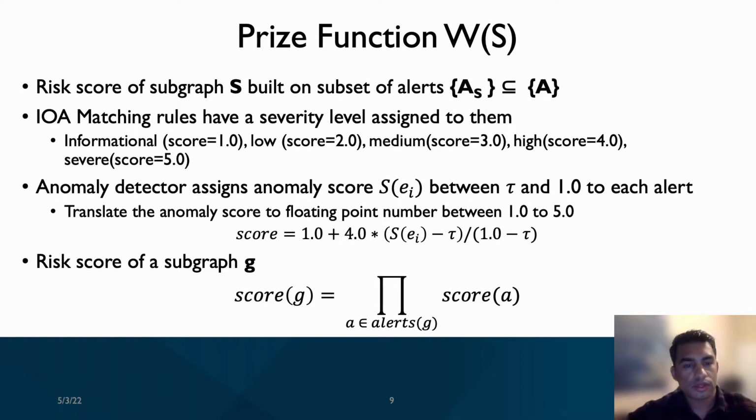Similarly, for the alerts generated from the anomaly detector, we translate the anomaly score, which is between the threshold tau and 1, to the interval 1 to 5. By combining the score of each of these alerts in a given subgraph, we can obtain a risk score for the given subgraph G, which is the value of the price function.